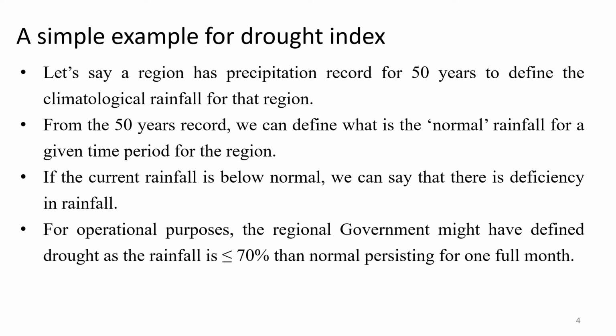Say the normal value is 40 or 50 millimeters per month for this particular month. However, if I had received only 20 millimeters, then I'll say it's a deficient rainfall. Or on the other hand, if I had received 60 millimeters, I will say it is slightly surplus rainfall.